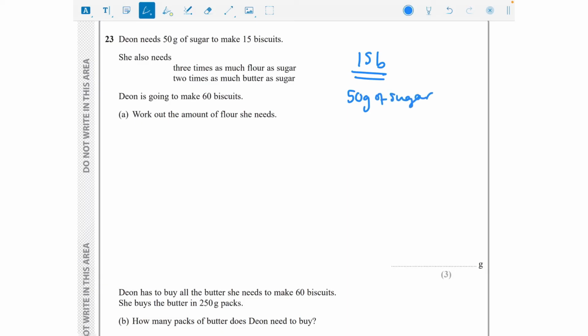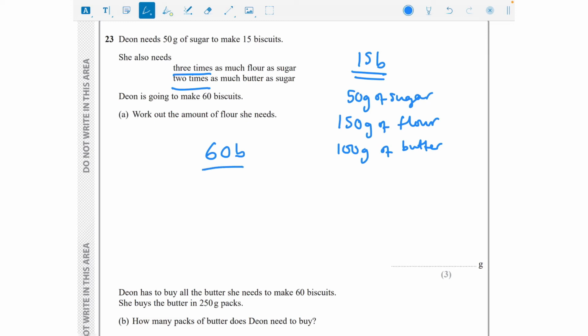She needs 3 times as much flour, so that would be 50 times 3, which is 150 grams of flour, and she needs 2 times as much butter as sugar, so that would be 100 grams of butter. But remember, that's only 15 biscuits, and she's trying to make 60 biscuits.